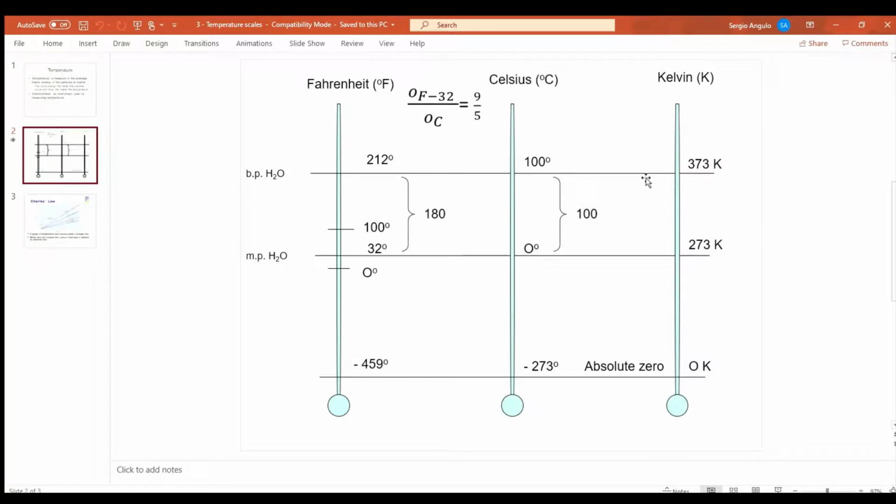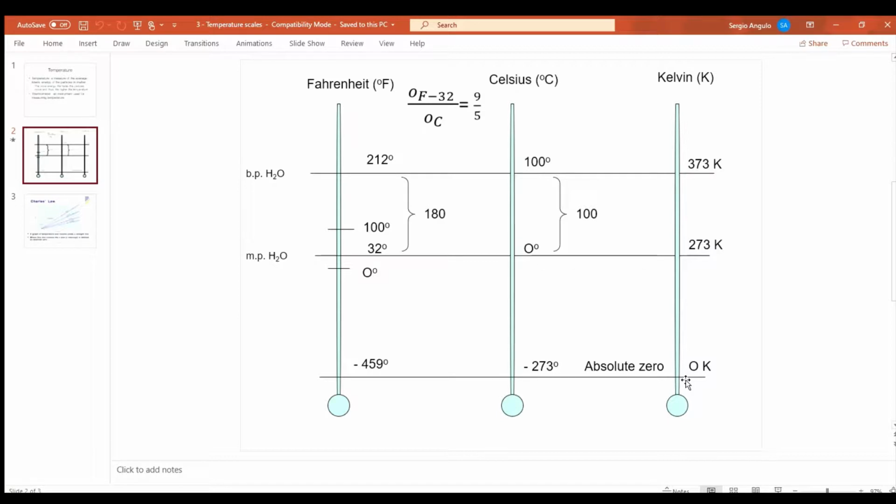So what Kelvin did is he said, I like the size of Celsius's degrees, so I'm going to keep that. All I'm going to do is move the Celsius scale. Instead of the zero being the freezing point of water, I'm going to move it all the way down to negative 273. So on the Kelvin scale, 0 Kelvin is absolute zero. There is nothing you can get colder than 0 Kelvin. All he did was move it down.